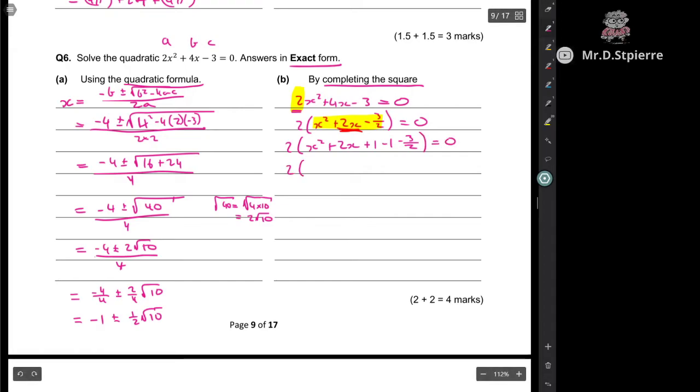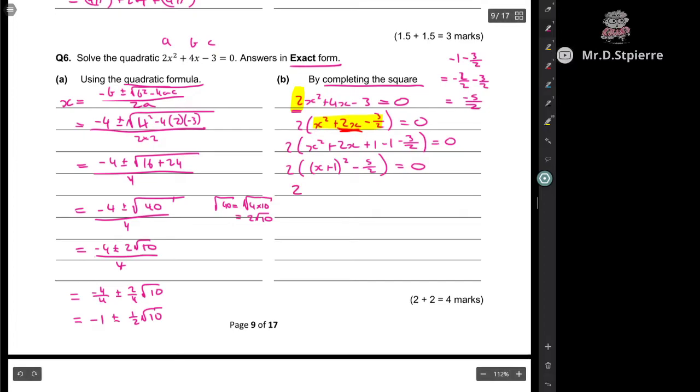The x squared plus 2x plus 1 can be written as x plus 1 all squared. And then we get negative 1 take away 3 on 2, which is the same as negative 2 on 2 take away 3 on 2, equal to negative 5 on 2. We get minus 5 on 2, close bracket, equals 0.